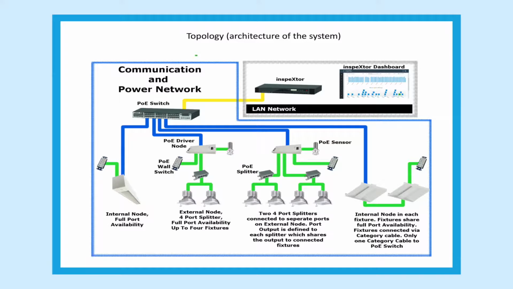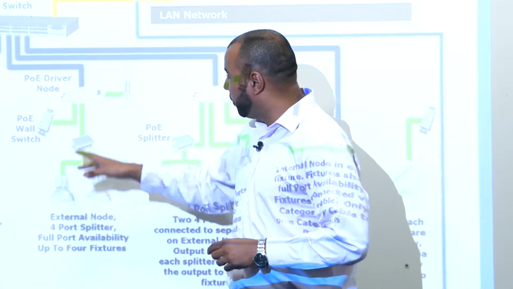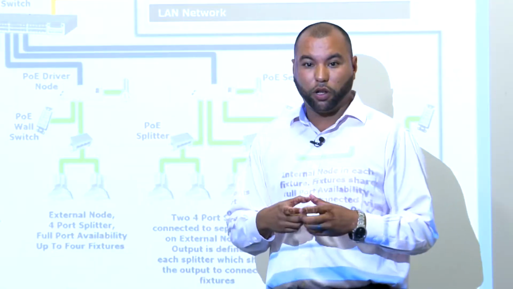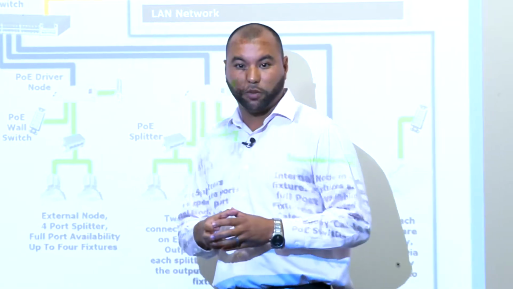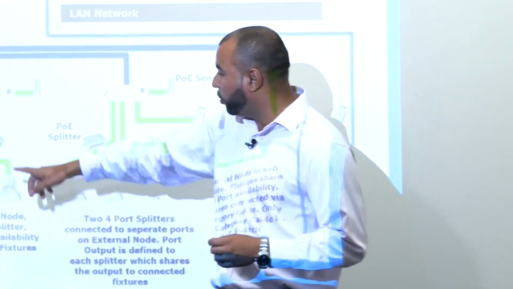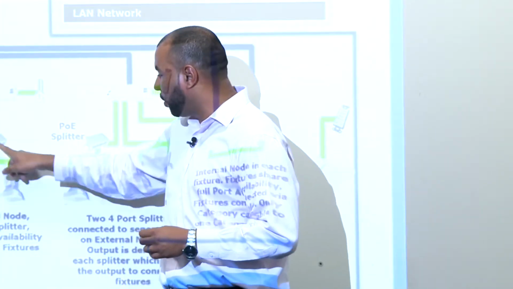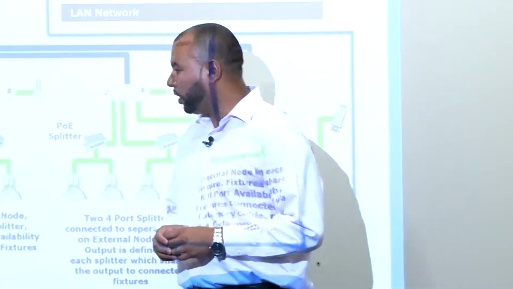So if you have a corridor, Pear Village has the L18, a small downlight that goes down a hallway, you're going to have multiple of these. We call it a node; install them in the ceiling, come out of there, go into a PoE splitter or power splitter, and then use a patch cord and go to every single PoE light.